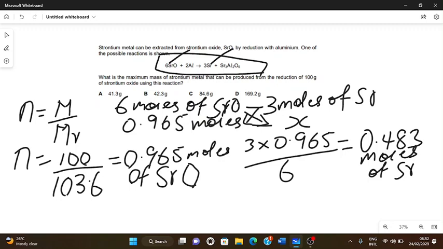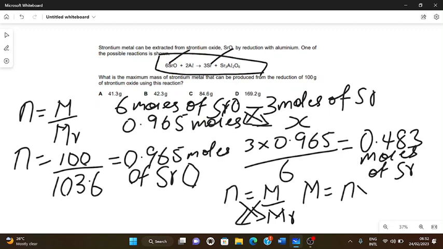So now we have to calculate the maximum mass of the strontium metal. Since we've gotten the number of moles of strontium, number of moles is equal to mass over molar mass. So if we cross multiply, the mass will be equal to number of moles times molar mass.